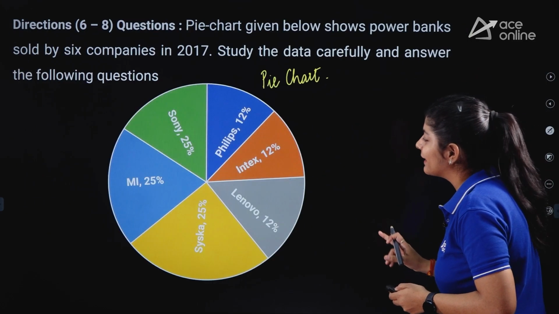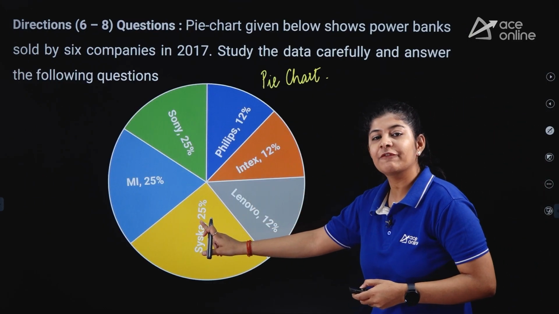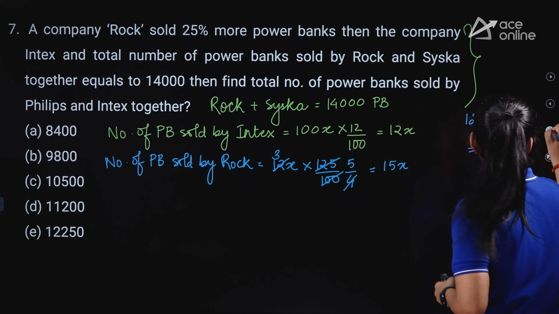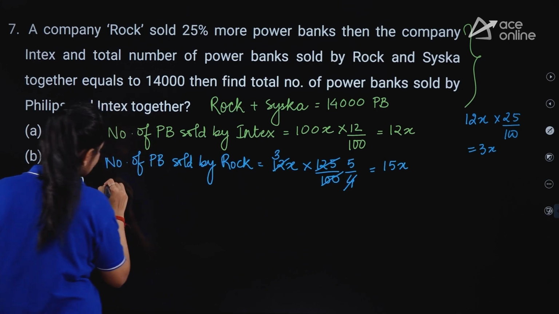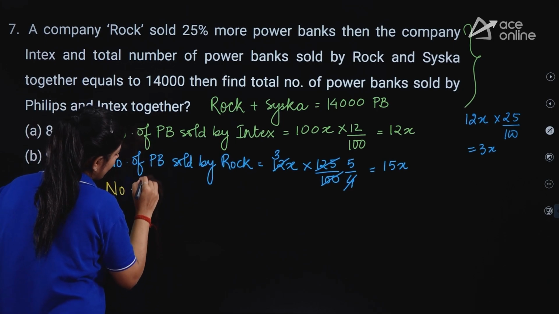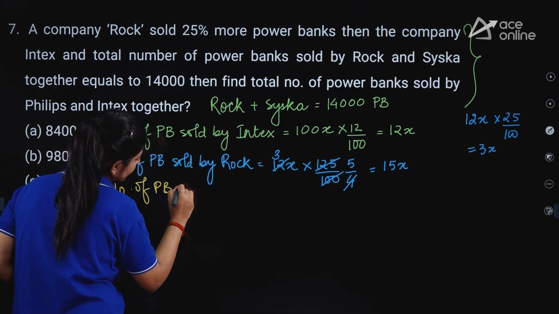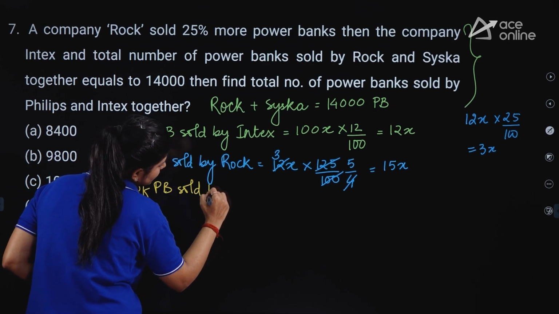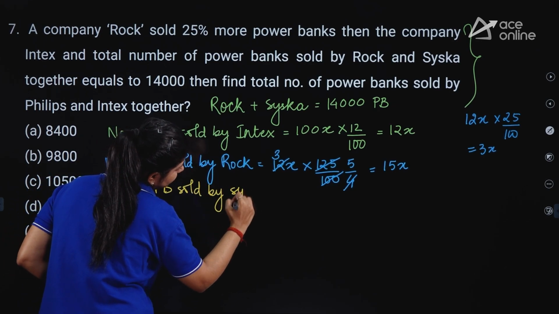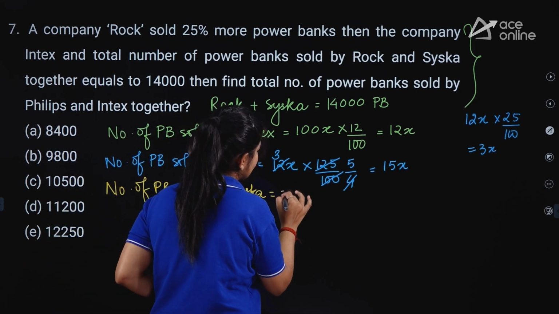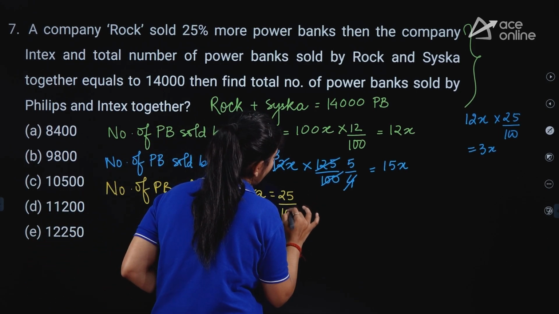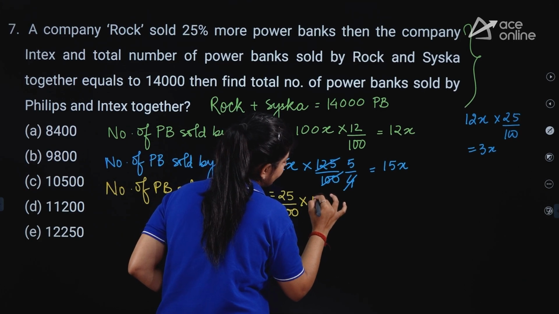Now we know that Cisco sold 25%. By Cisco we are selling 25% of the power banks. So we can say that the number of power banks sold by Cisco is 25% of what? Of 100x.